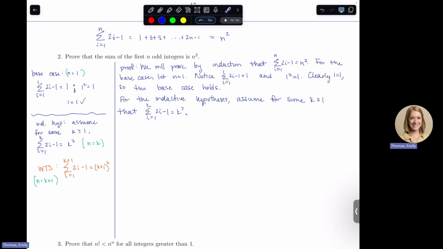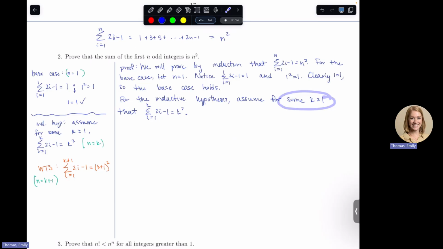Guys, this is how you do regular mathematical induction: you assume it works for some ladder rung and prove that that gives you the next one. Strong induction, which we'll learn about later, Monday, you assume it works for all k up to a certain k.